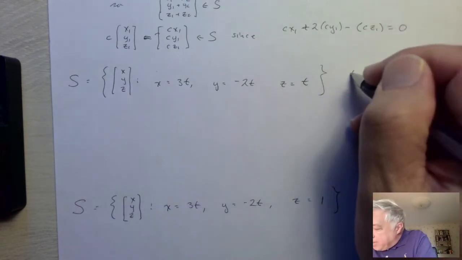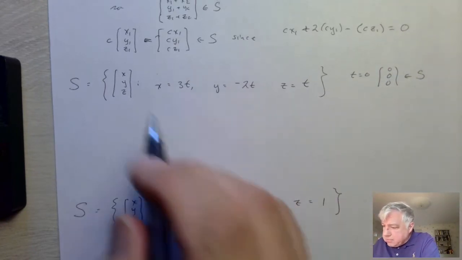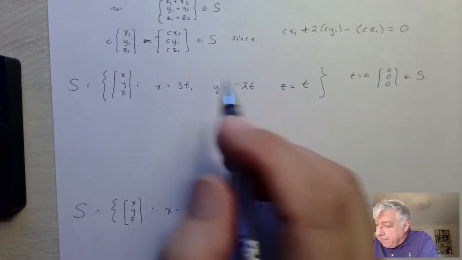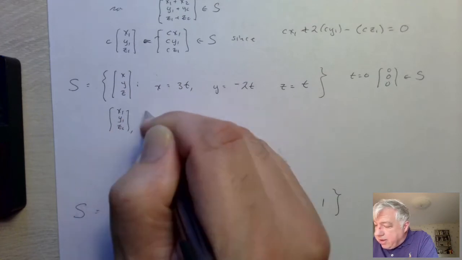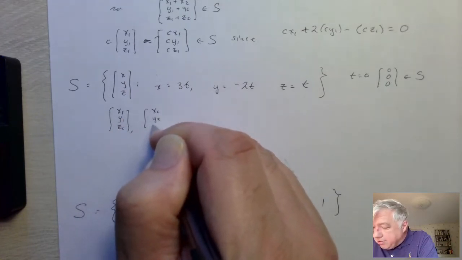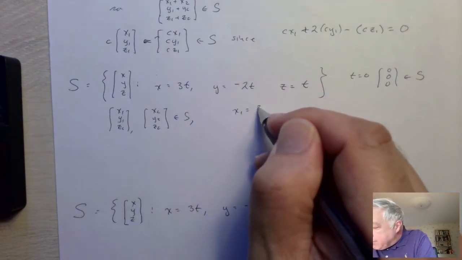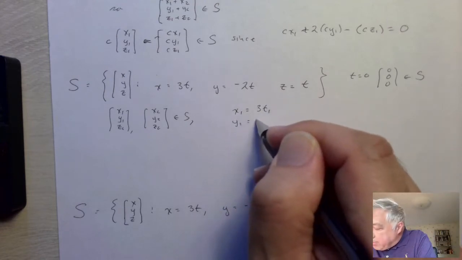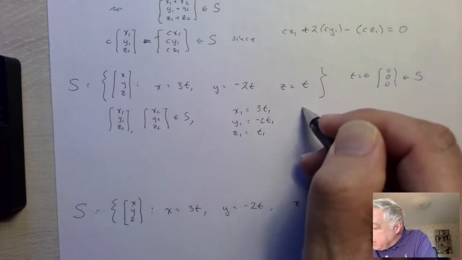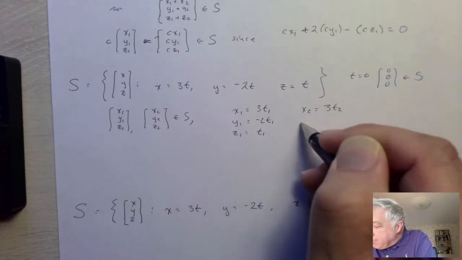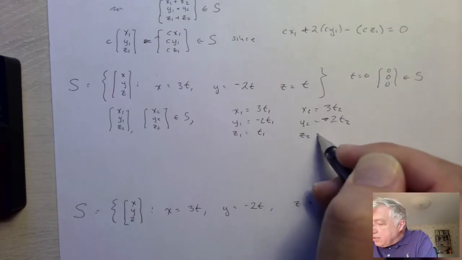If we let t equal 0, we get (0, 0, 0), and that's going to be in S. If we let (x1, y1, z1) and (x2, y2, z2) be in S, then let's say x1 equals 3t1, y1 equals negative 2t1, z1 equals t1, and x2 equals 3t2, y2 equals minus 2t2, z2 equals t2.